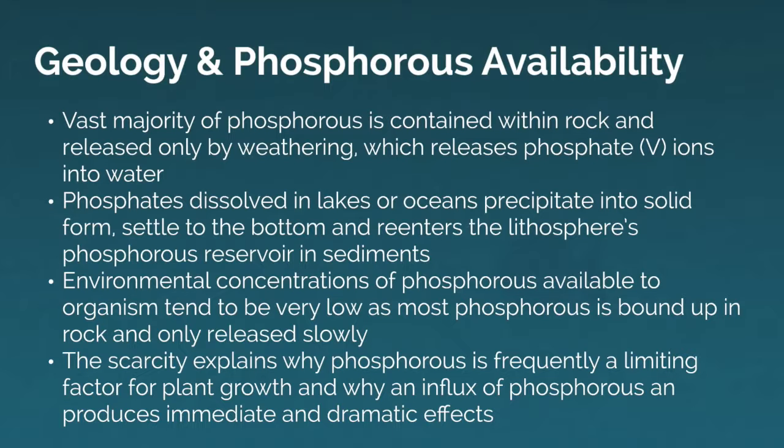Environmental concentrations of phosphorus available to organisms tend to be very low, as most phosphorus is bound up in rock and is only released very slowly. The scarcity explains why phosphorus is frequently a limiting factor for plant growth, and why an influx of phosphorus can produce immediate and dramatic effects on plants.